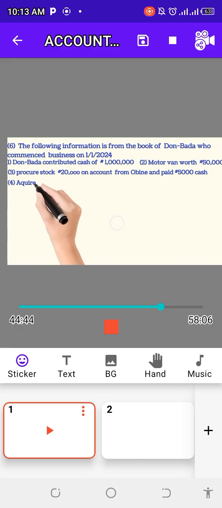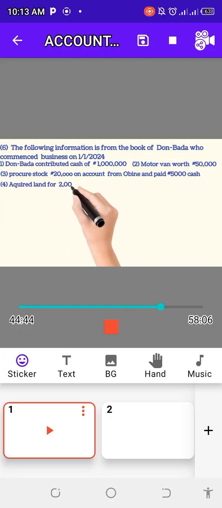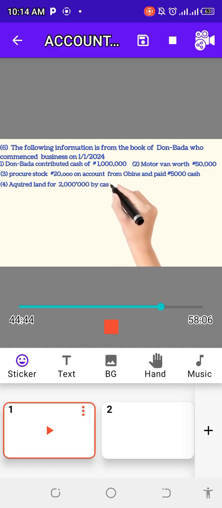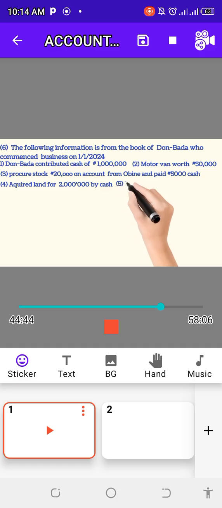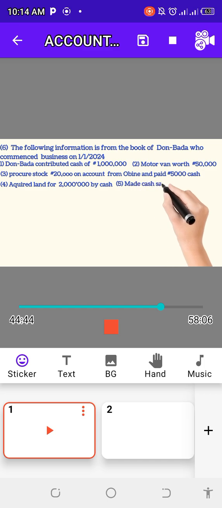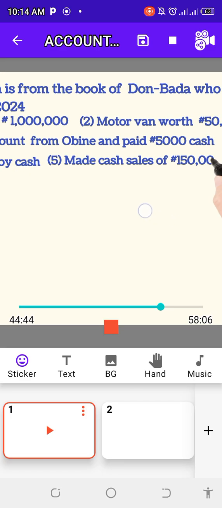4. Acquired land for 2 million naira by cash. He acquired land for 2 million naira by cash. Then the fifth transaction is made cash sales of 450,000.